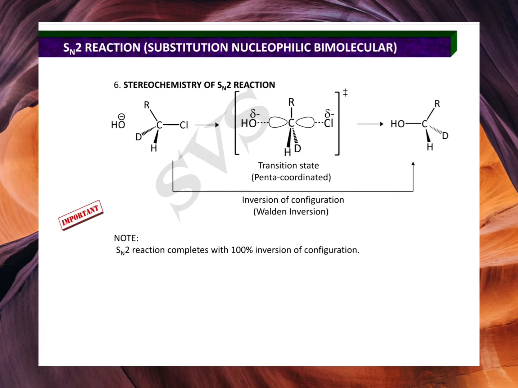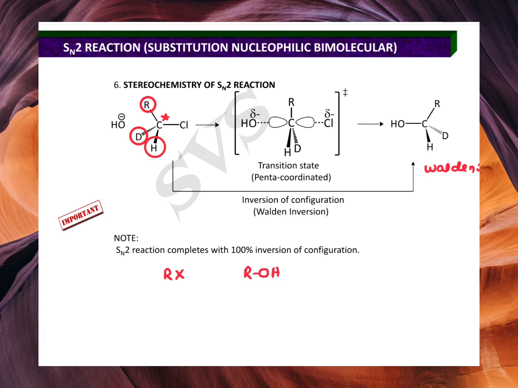Stereochemistry, if you observe, you can check this chiral carbon: hydrogen, deuterium, alkyl group. So if a chiral center is present, we'll get Walden inversion. Sir, what do you mean by Walden inversion?